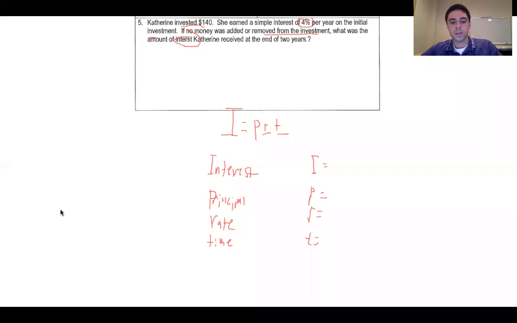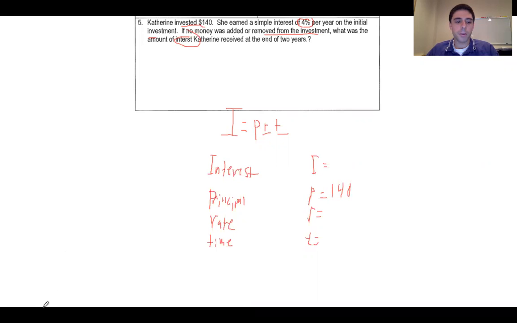What is the $140? Right, $140 is going to be our principal, the amount we put in the bank. So that's going to be 140.